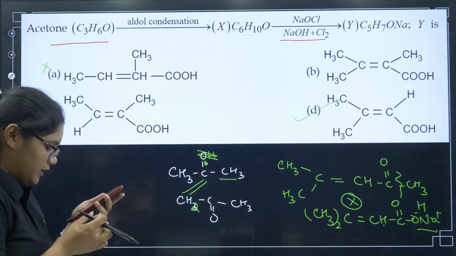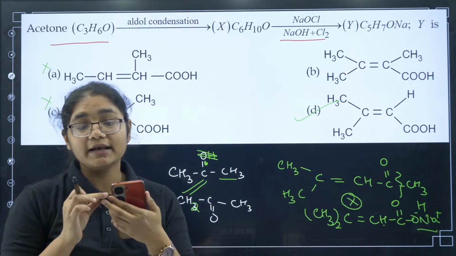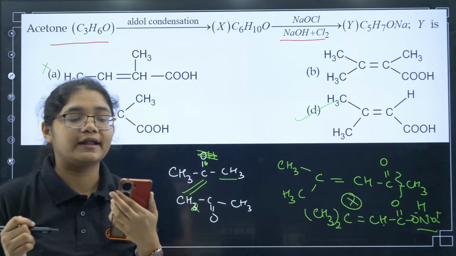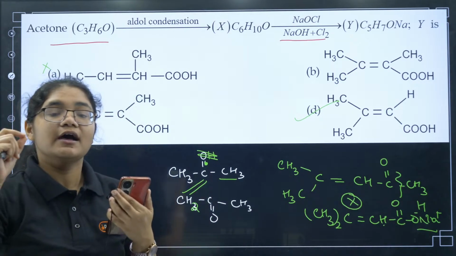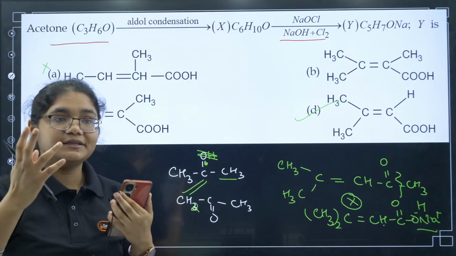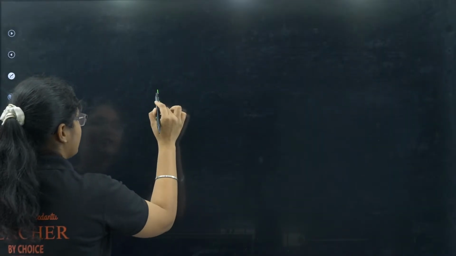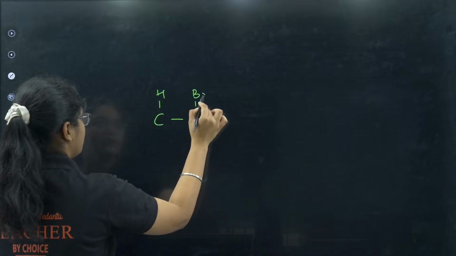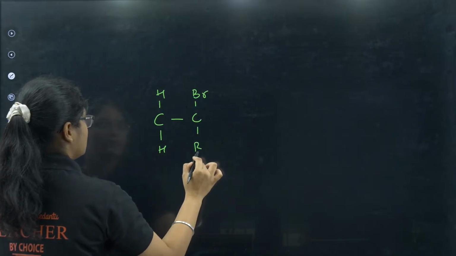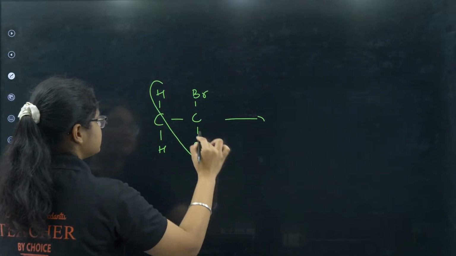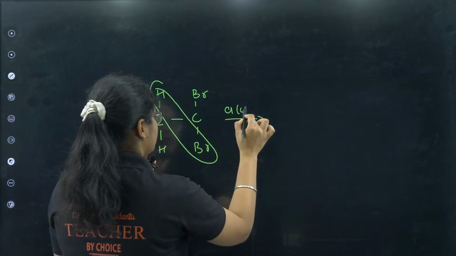Lavanya asks, why is liquid ammonia used? So dear, I'll tell you the reaction. Suppose you have HBr. If I want to remove this HBr, first I will use alcoholic KOH.